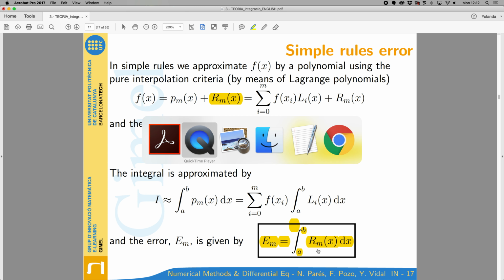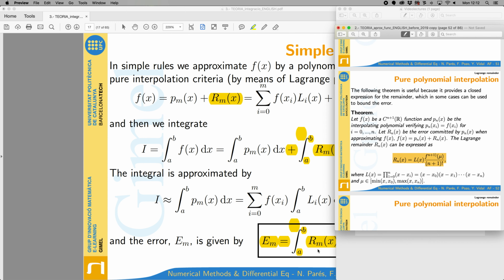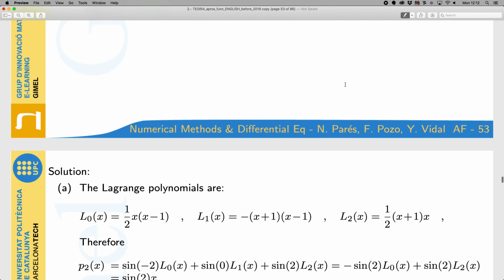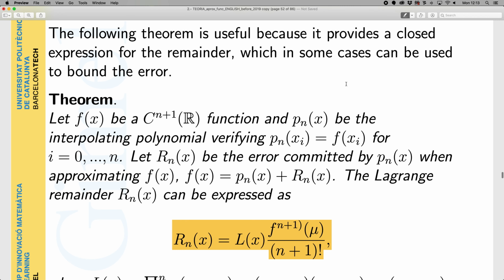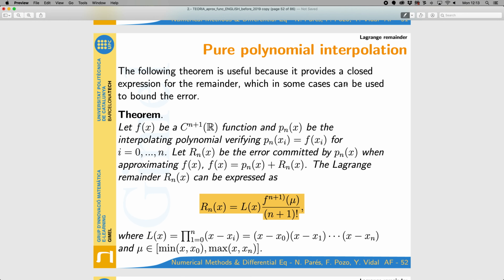Now, recall that when we did the last topic about fitting a function, we saw that the Lagrange remainder, the error that is made by pure interpolation, has this expression.